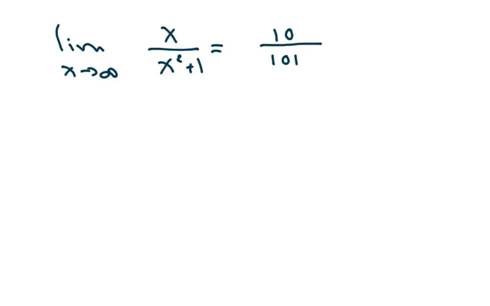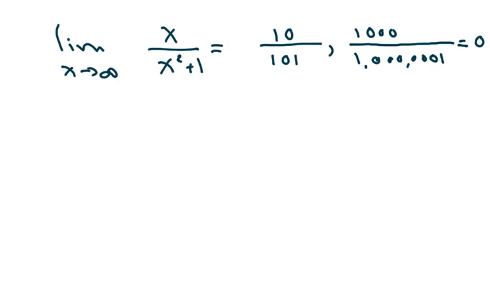And then if you put a bigger number in, let's see, 1,000, you square that and add 1, you're going to get 1,000,001. You can see this also tends to 0.